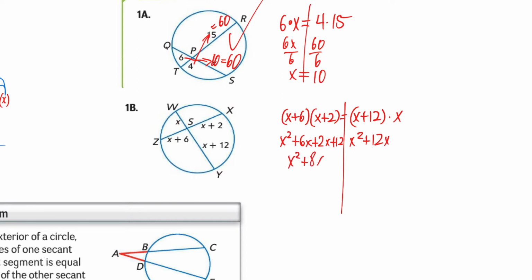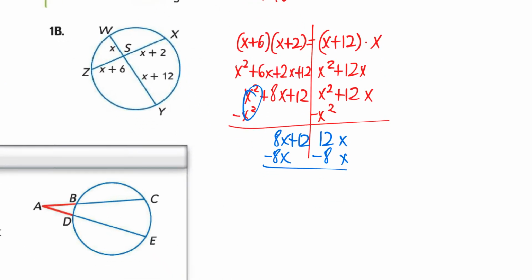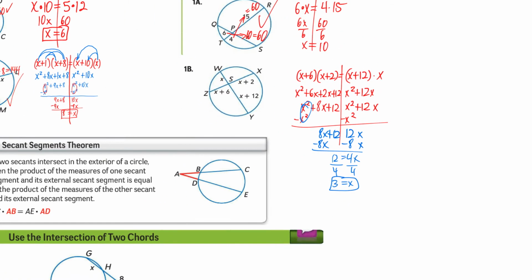So x squared plus 8x plus 12 equals x squared plus 12x. Take x squared away from both sides. This zeroes out. 8x plus 12 equals 12x. Take away 8x from both sides. 12 equals 4x. Divide by 4. x equals 3. So x should equal 3.